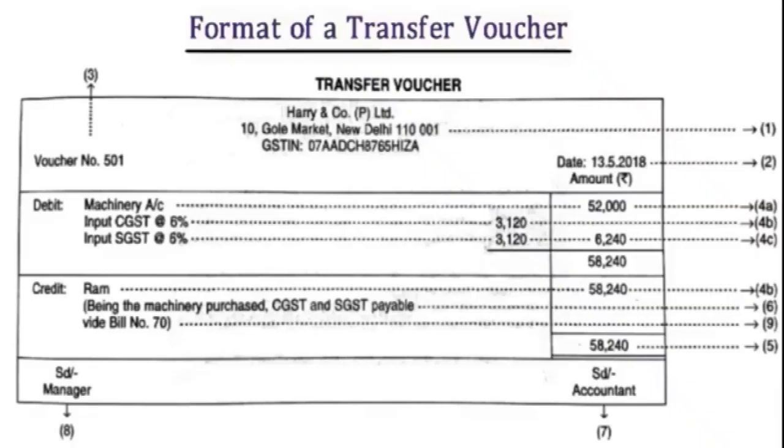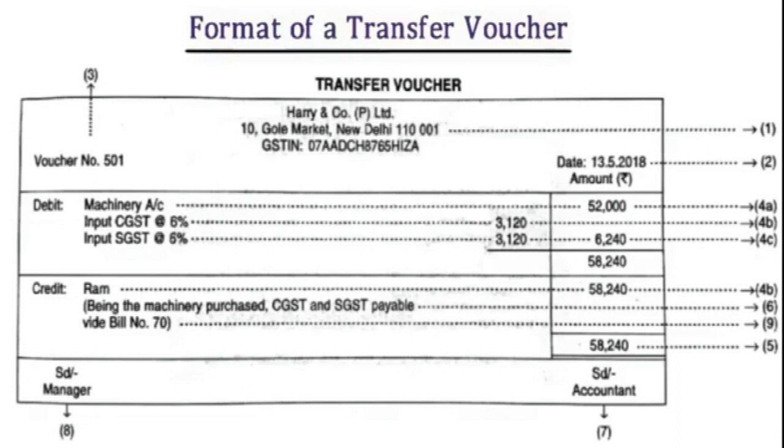The format of the transfer voucher or non-cash voucher is given. So we can see here the first information given is the name, address and GST number of the organization. The second number is the date, the date of preparation of the voucher.